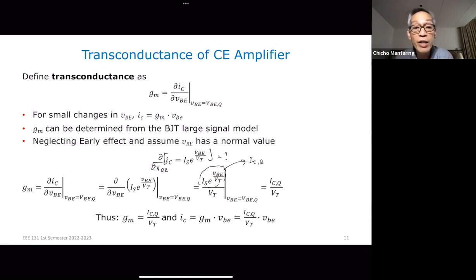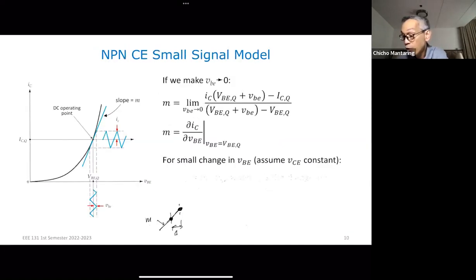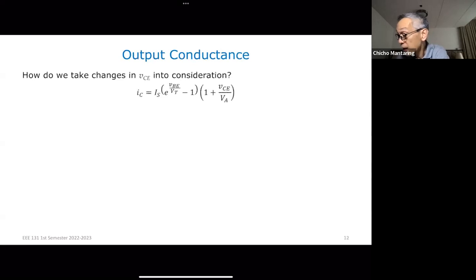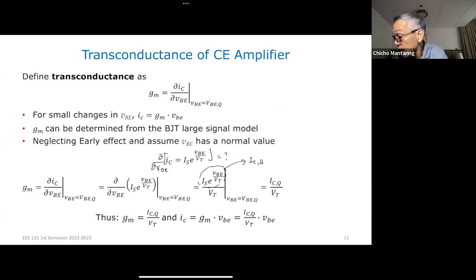That's IS e to the VBEQ over Vt. That is just equal to ICQ. So finally, I get this. My transconductance is ICQ over Vt. So the formula for my transconductance is ICQ over Vt.